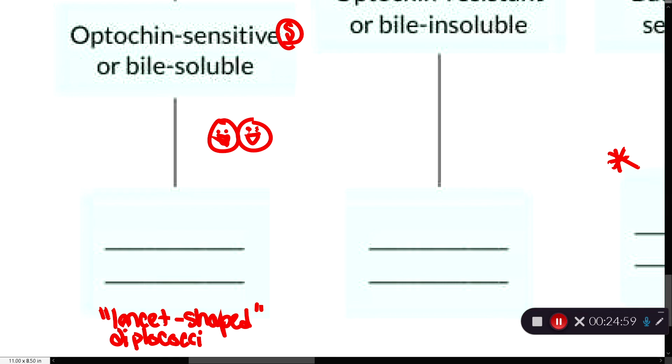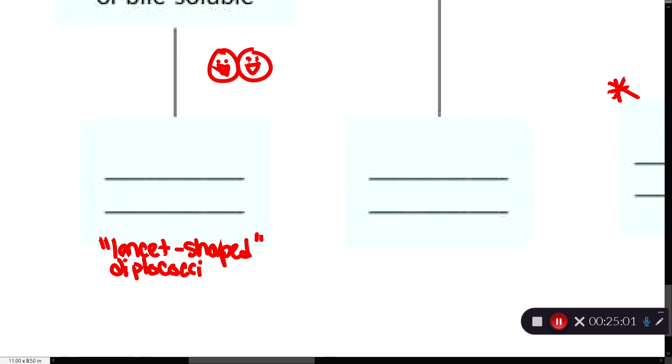You might also see the trigger words like rusty colored sputum or rust colored sputum. And also patients who may have had their spleen taken out, so therefore are asplenic.